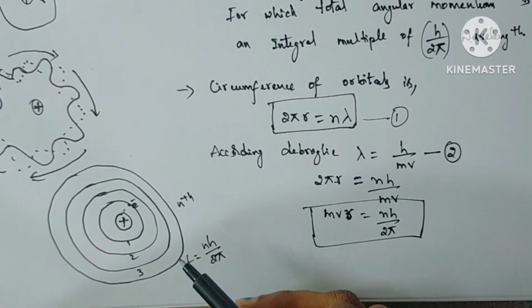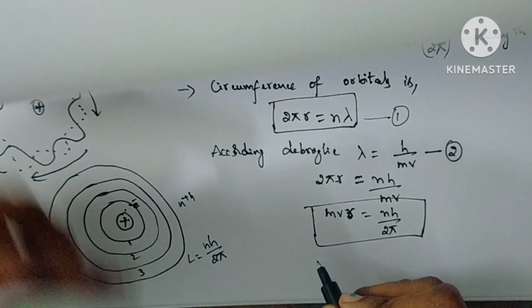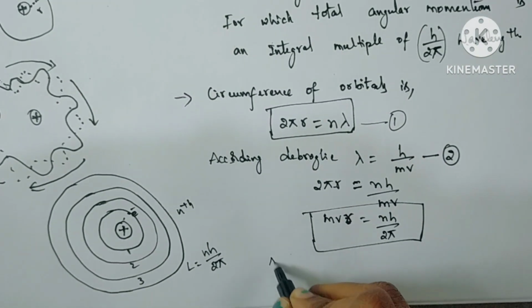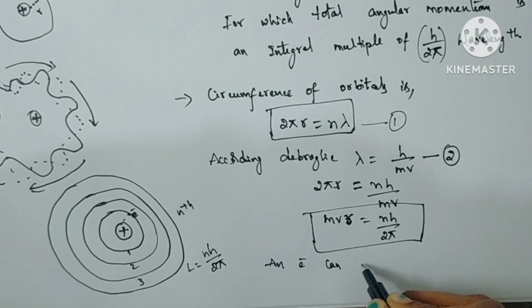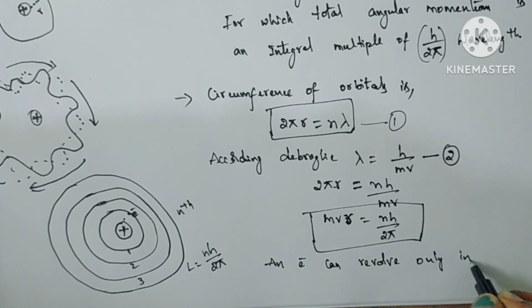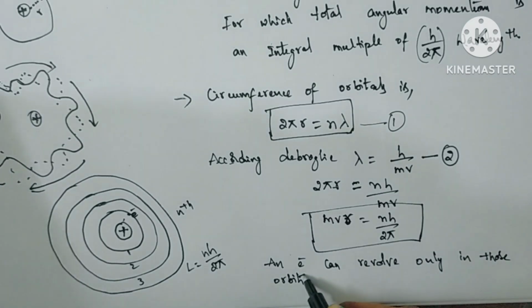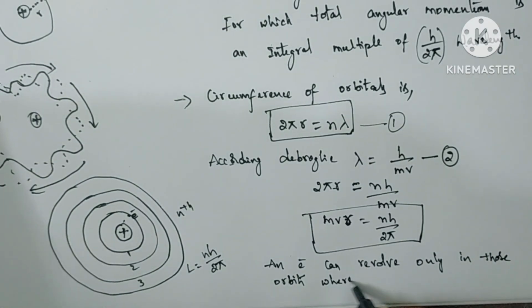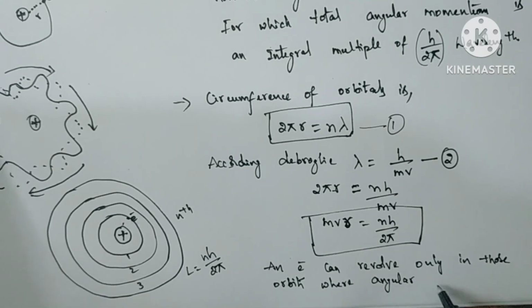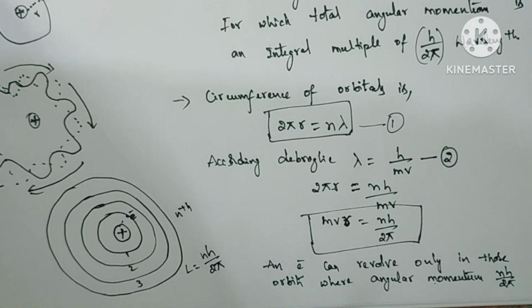Make a note of this point: an electron can revolve only in those orbits where angular momentum is nh by 2 pi, where n is 1, 2, 3 and so on.